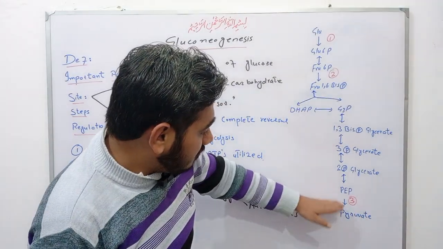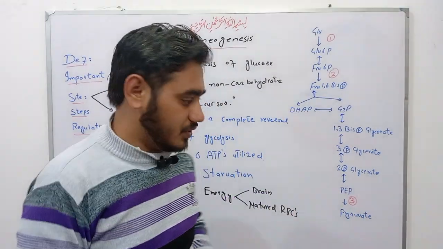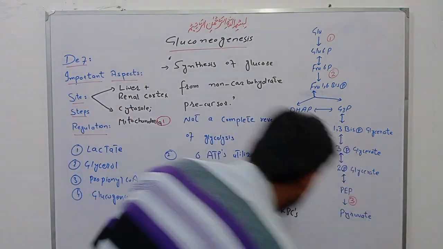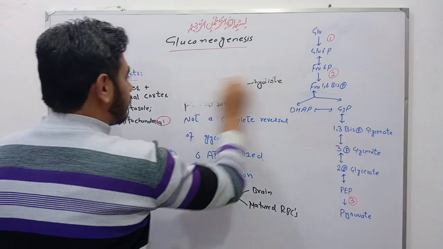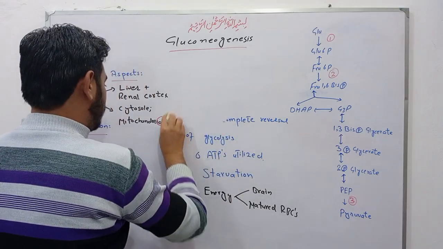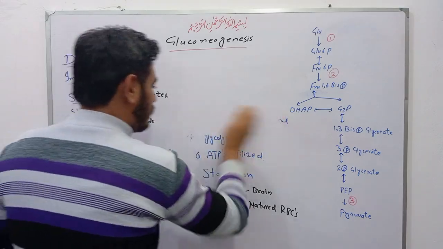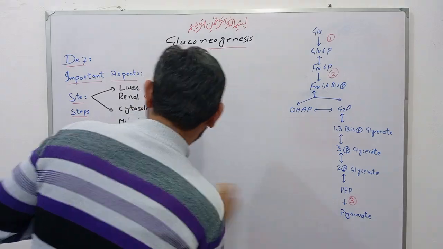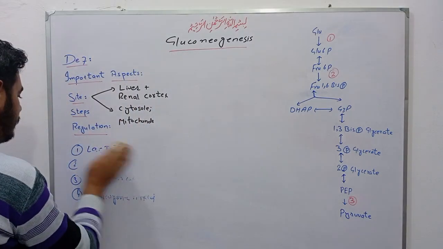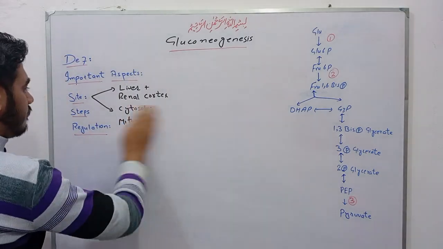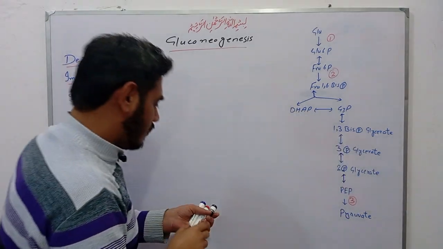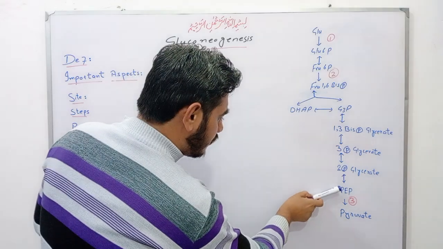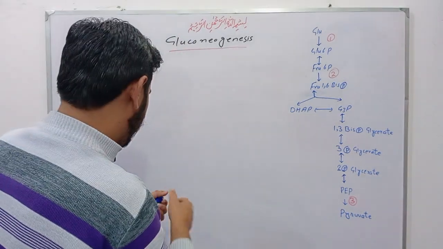Okay, now let's discuss the common pathway, the conversion of pyruvate into phosphoenolpyruvate.